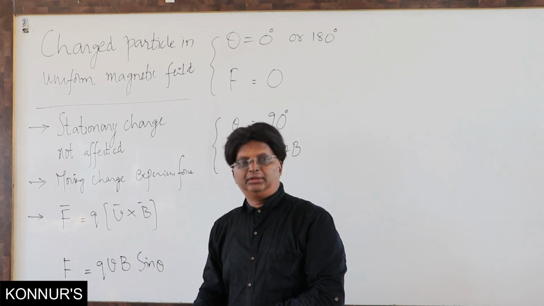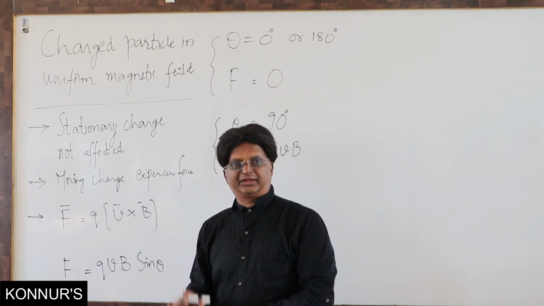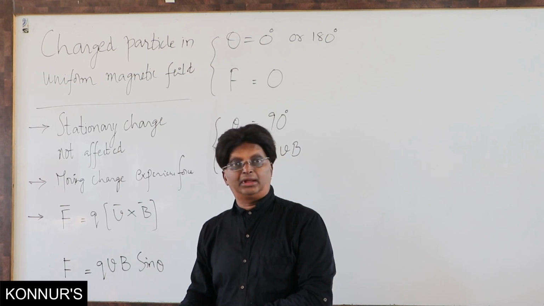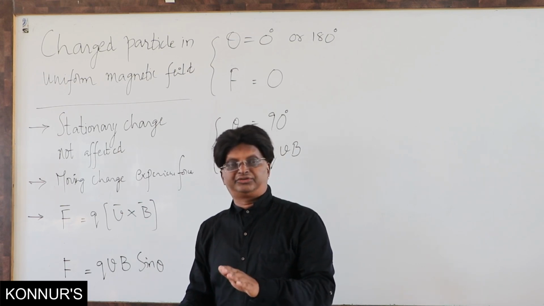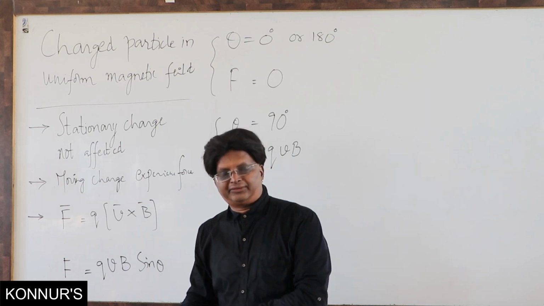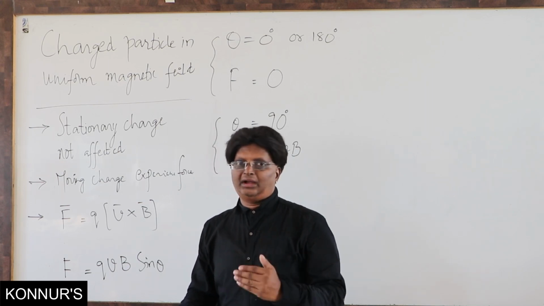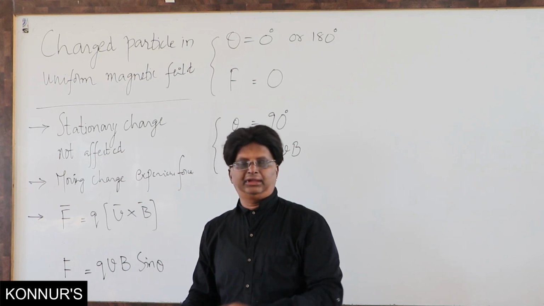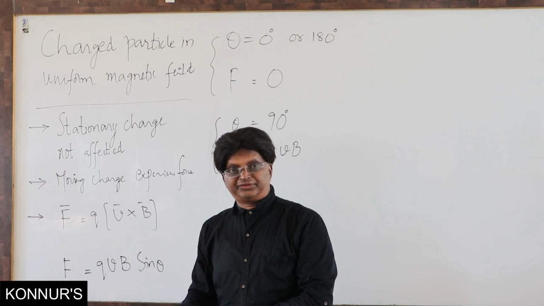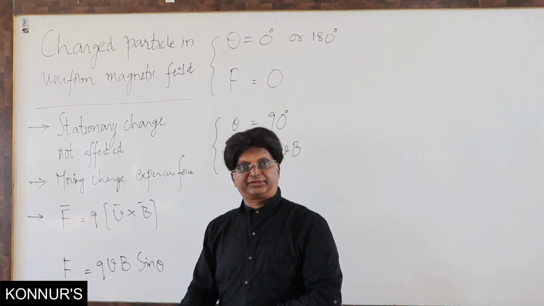Capital B, the magnetic induction of the external uniform field. Mind it, here I am taking a uniform magnetic field. Q is the charge of the particle placed in the magnetic field, M is mass, V is velocity, and also another parameter, the angle, as we will now discuss.